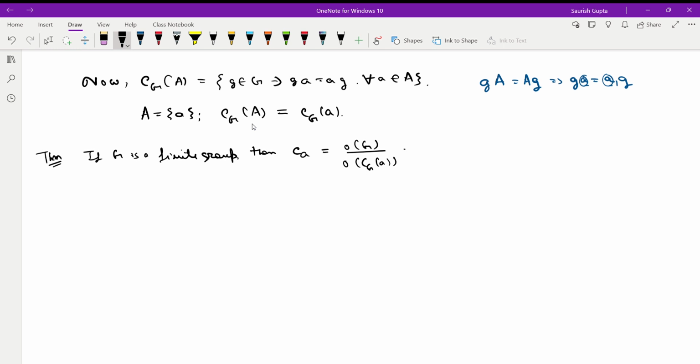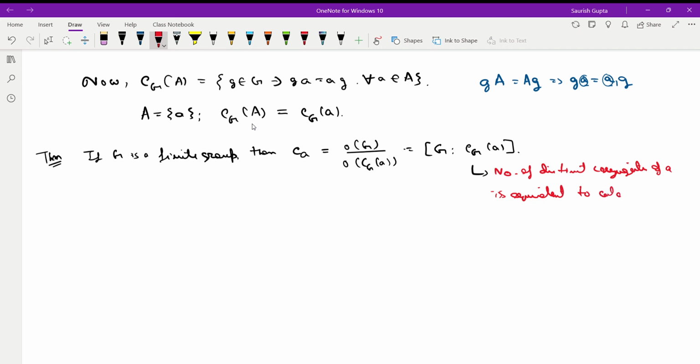Or I can also say that I could have expressed this as the index of the centralizer of A in G. These are just observations. I actually mean to say that the number of distinct conjugates of A is equivalent to calculating the number of distinct left cosets or right cosets.